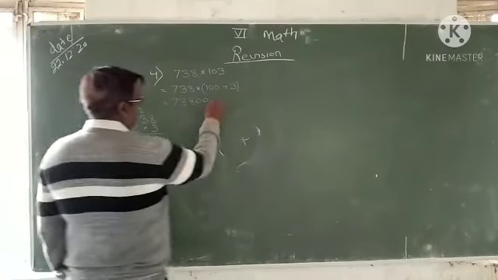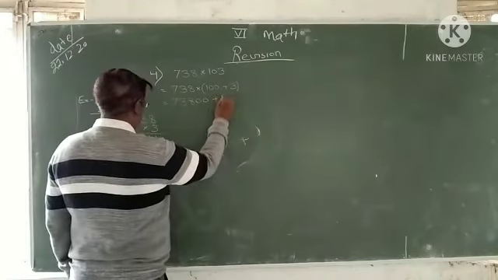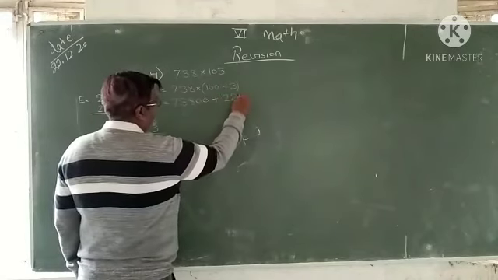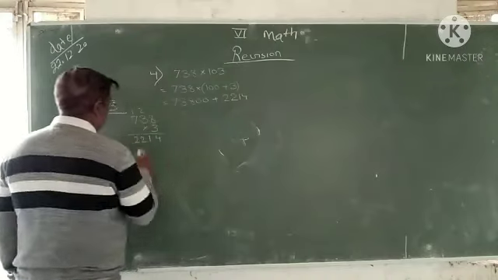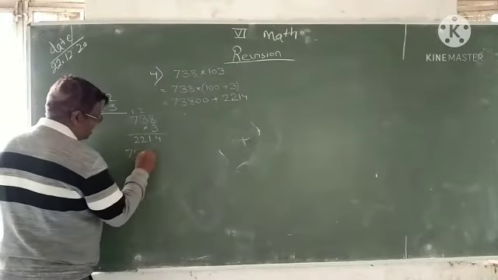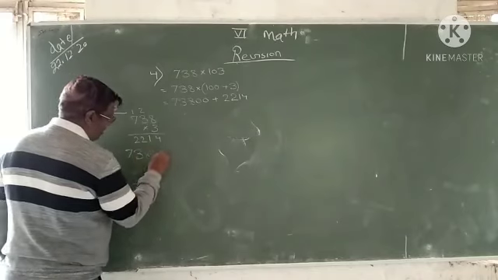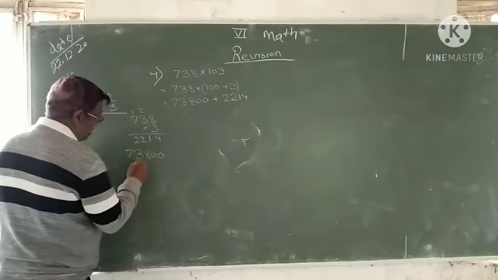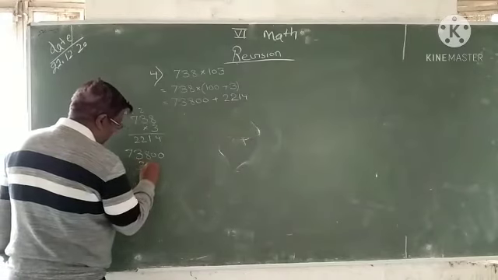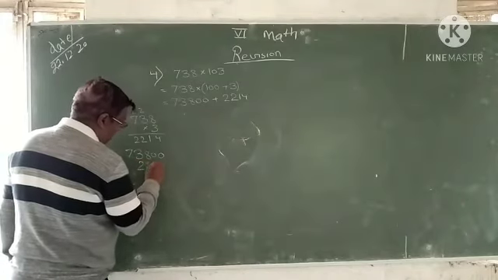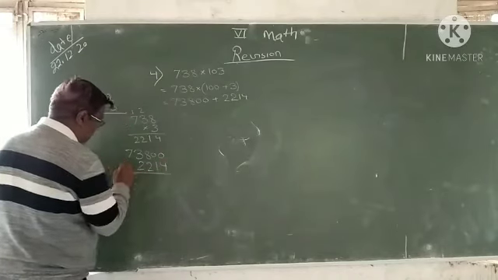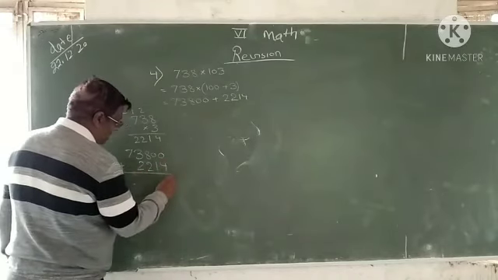So put 2214. Now simply what you need to do is add these two figures, which is 73,800 plus 2,214.